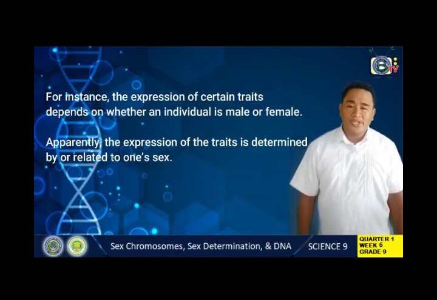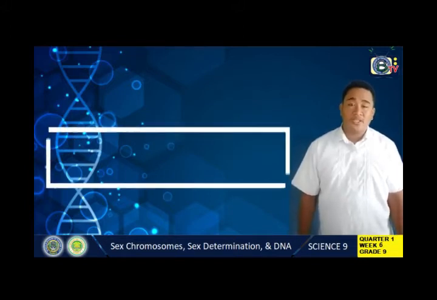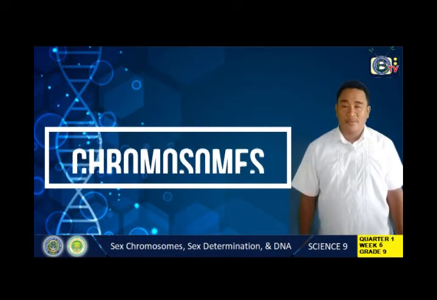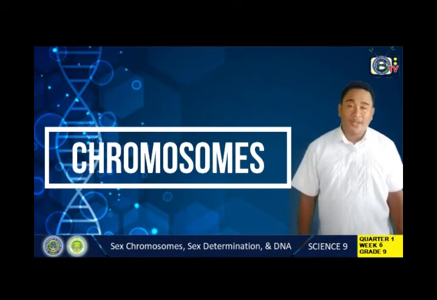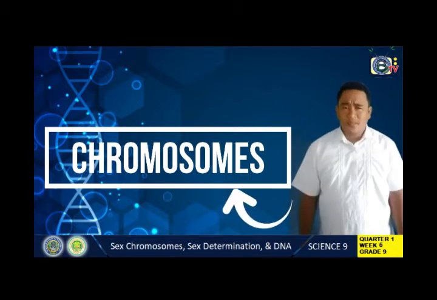Apparently, the expression of the traits is determined by or related to one's sex. As far as genetics is concerned, the answer is our chromosomes. Yeah, you heard it right. The answer is chromosomes. But what is a chromosome?